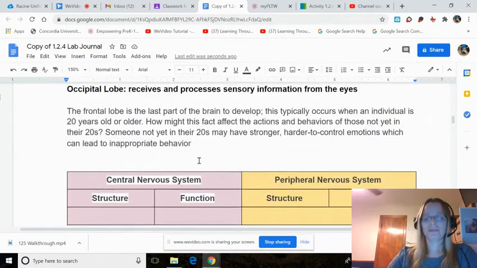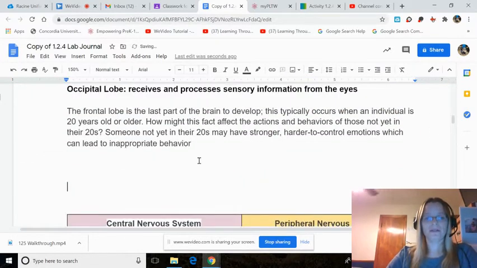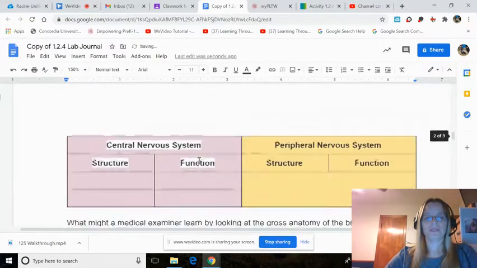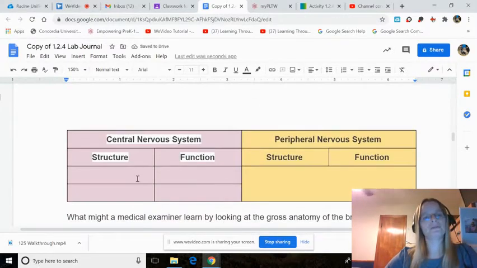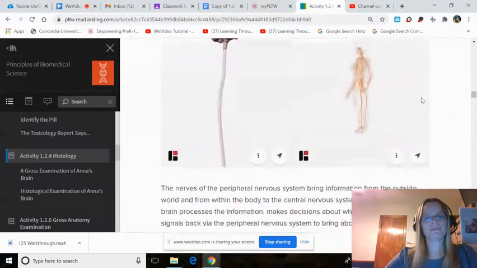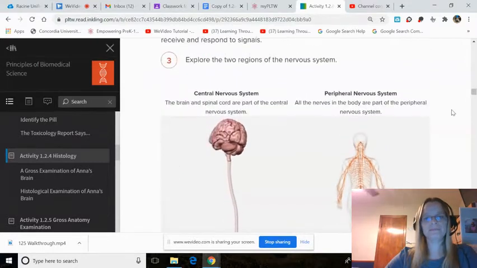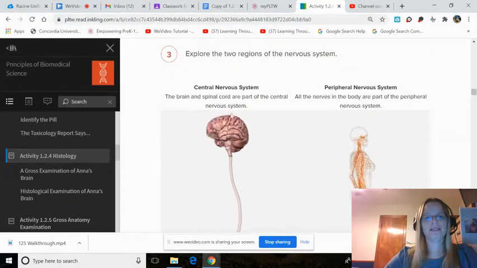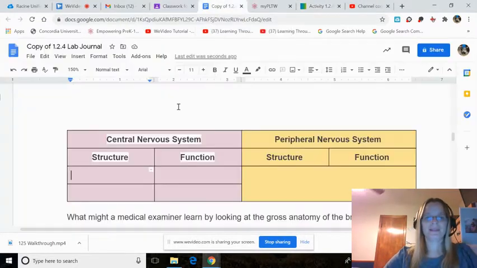Okay, and I'm going to make this all be on one page because I like it better when it's all on one page. So here we go. Central nervous system. Remember, I named the structures of the central nervous system, but let's scroll back up. The brain and spinal cord. So structure, brain, spinal cord.